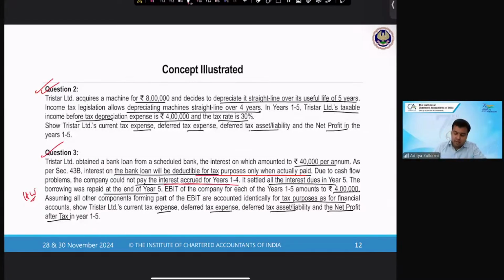Principles are the same. Here we created a DTL. Here you will end up creating a DTA. Are we okay till now? Okay, sir. Yes.